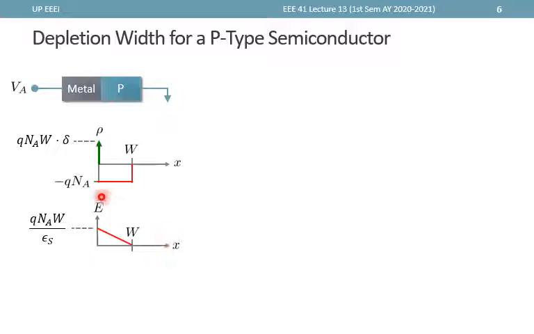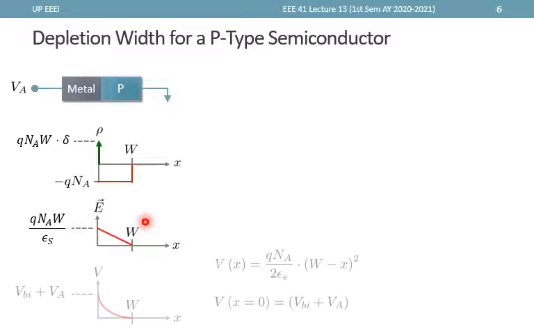We can then integrate this one and apply a negative sign to get the voltage. However, since we have defined that the voltage is 0 at the flat band region of the semiconductor, then we'll actually get this plot right here, a decreasing plot, since we are integrating with a negative sign.